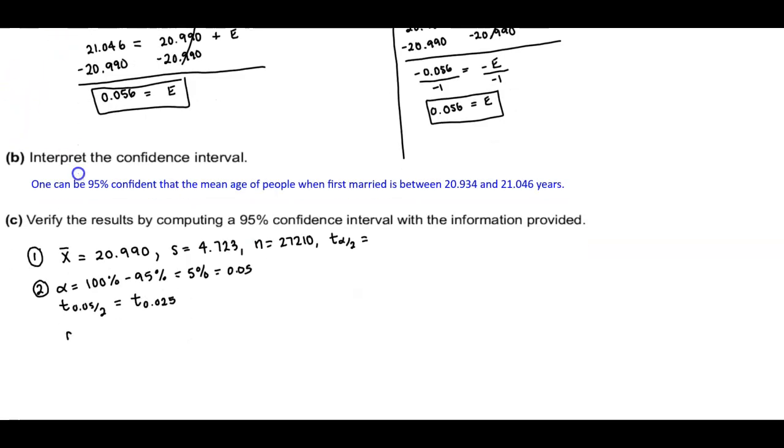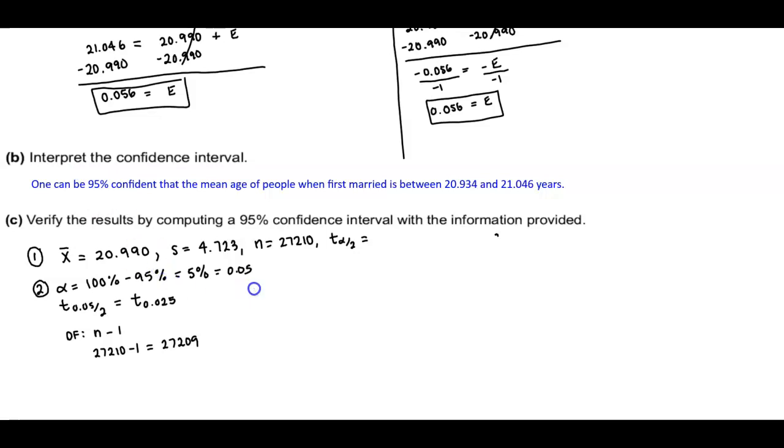We also need the degrees of freedom, which is the sample size minus 1. The sample size is 27,210, and subtracting 1 gives 27,209. We're not going to have that on the table.